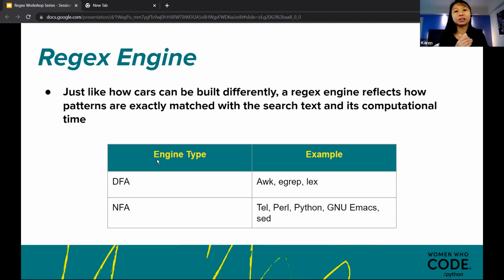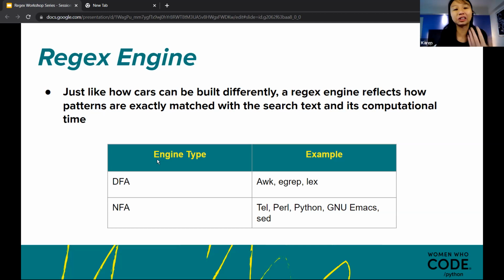I just want to introduce this really briefly today. So what is the engine? Picture a car. How BMW made a car and how Mercedes made a car is completely different, but they're still cars. Basically, the regex engine reflects how a pattern is exactly matched through a text search.